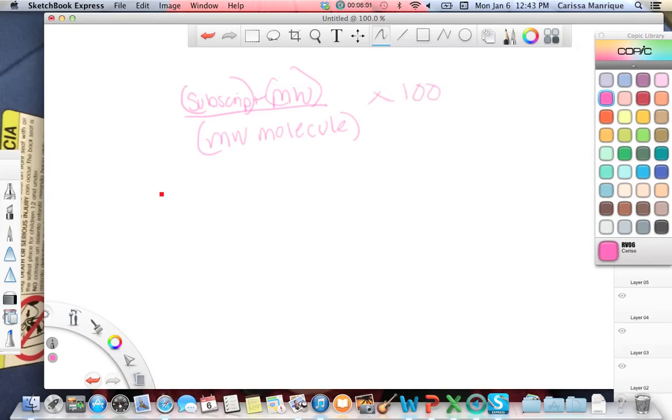Okay, so they want to know the percent of chlorine in CCl2F2. So first we're going to look, okay, how many chlorines are in CCl2F2? It's kind of like the mole ratio. Well, there are 2. Okay, then we look at, well, what is the molecular weight of chlorine?